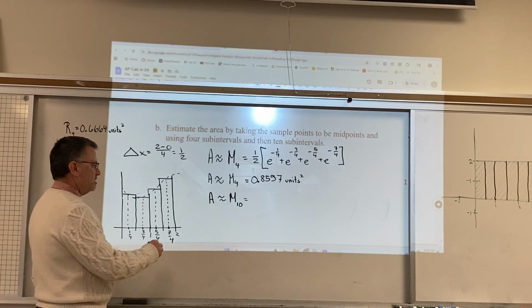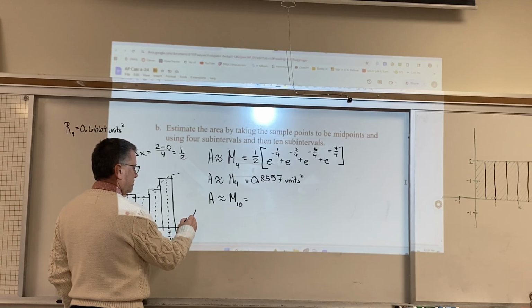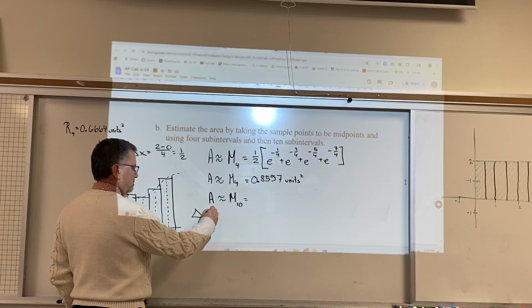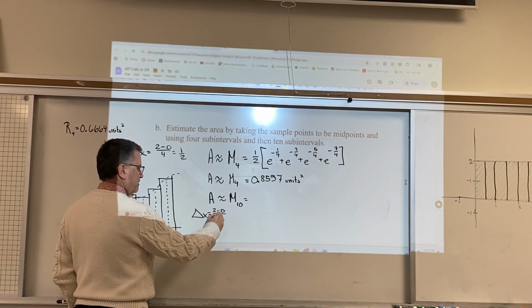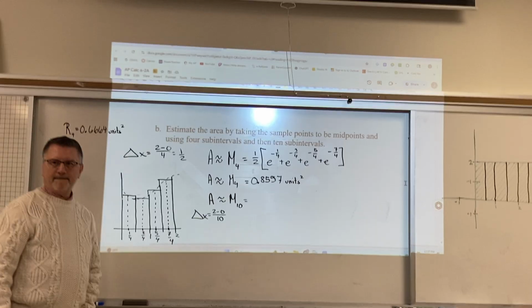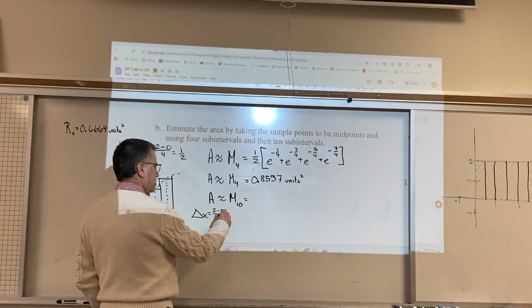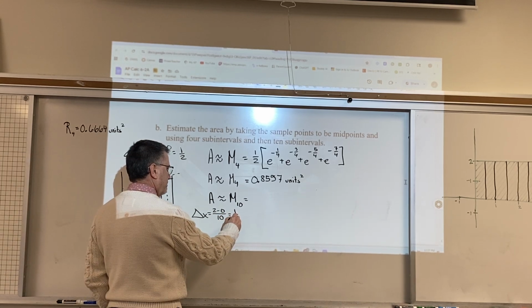Yeah, what's the change? What's the width of each rectangle now? I'm still going from 0 to 2. And I'm dividing by 10. So that means each width is gonna be 2/10 or 1/5.